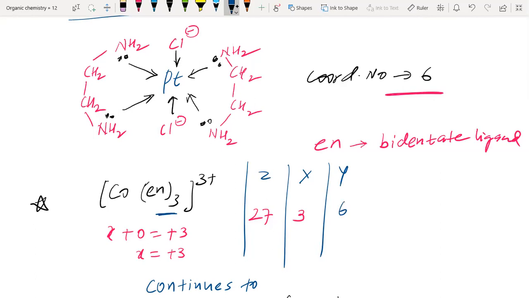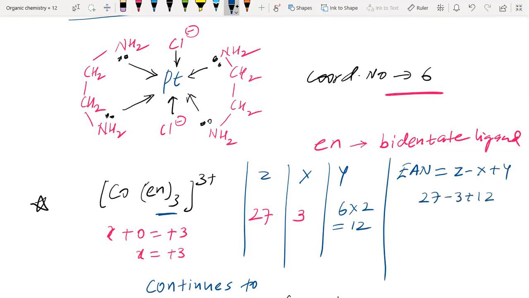Each coordination number donates 2 electrons, so in all, 12 electrons. Now, how do we get EAN? That is Z minus X plus Y. Putting in the values: 27 minus 3 plus 12. How much do we get? 36.